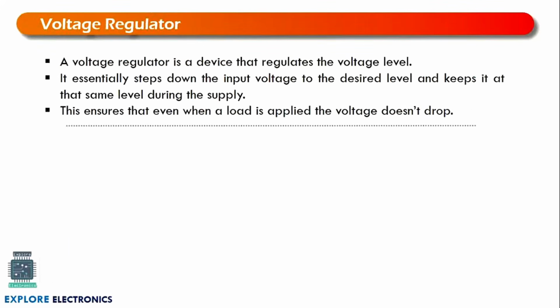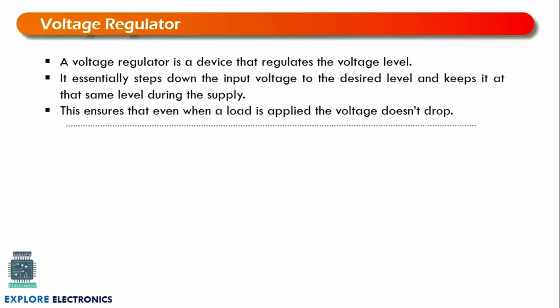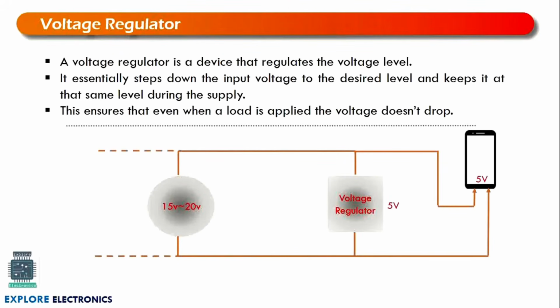What is a voltage regulator? A voltage regulator is a device that regulates the voltage level. It steps down the input voltage to the desired level and keeps that voltage constant during the power supply. Even if the power supply varies, the output of the voltage regulator will be a constant DC voltage. You can observe this is an example of voltage regulator circuitry.